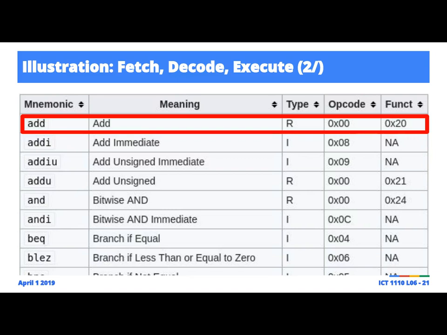Now, I deliberately put up this slide to show you what the equivalent of add is, which is this hexadecimal number 00. And we're again not using ones and zeros. If it was ones and zeros, because it's a hexadecimal value 0, it would be just like 6 zeros, I think. Because this is MIPS, the bit pattern of the opcode has to be allocated 6 bits, right?